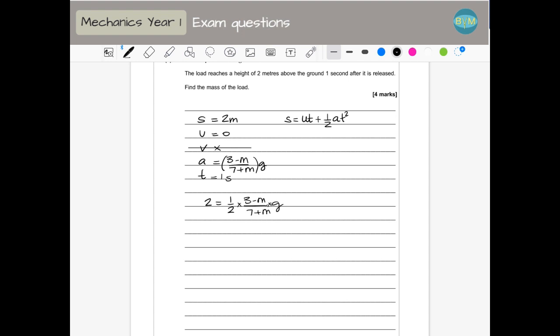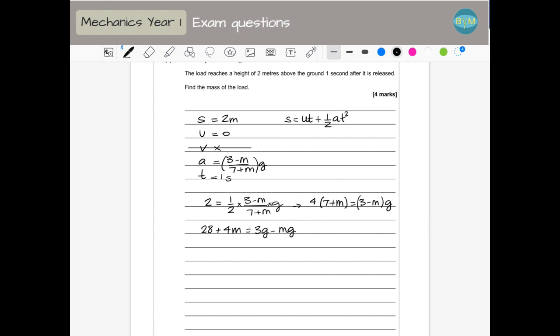From here, I just have to make m the subject to find the mass. So I multiply this by 2, I have 4 times (7 plus m) equals (3 minus m) g, so 28 plus 4m is 3g minus mg.